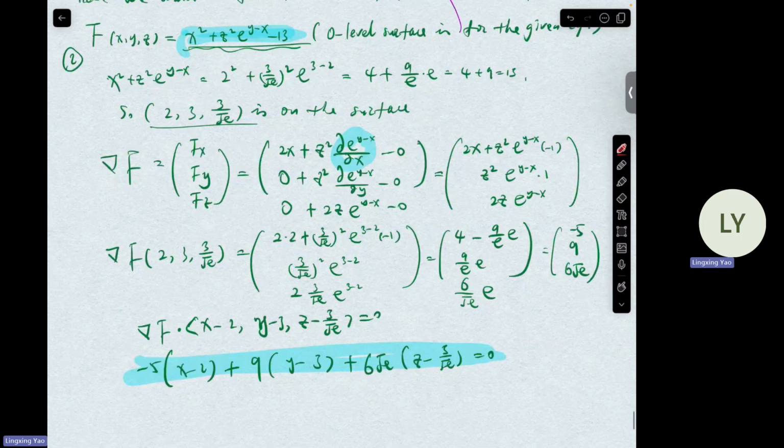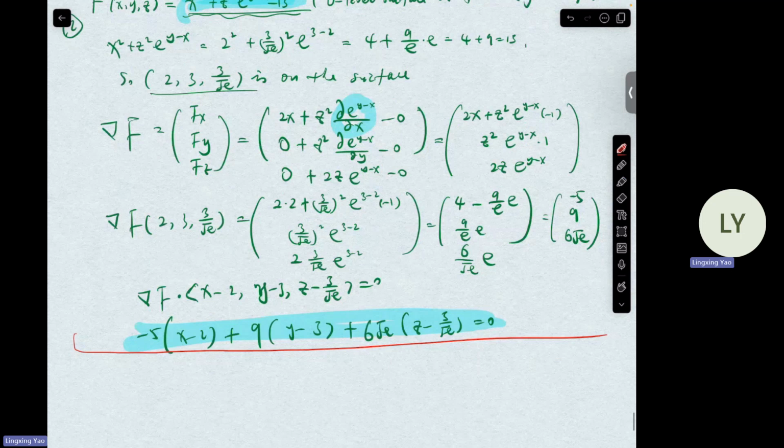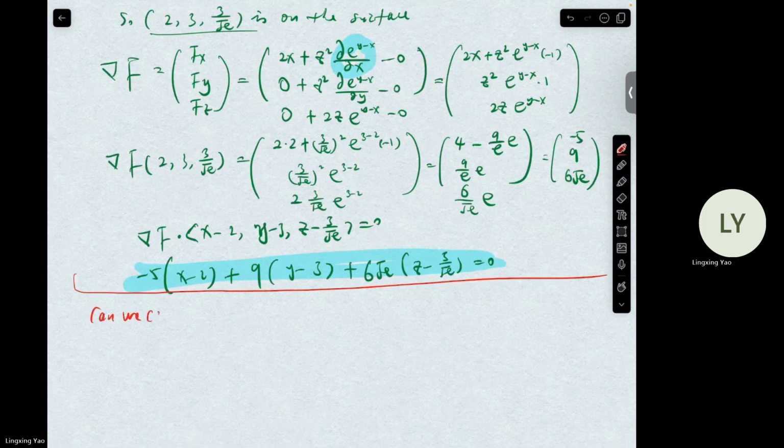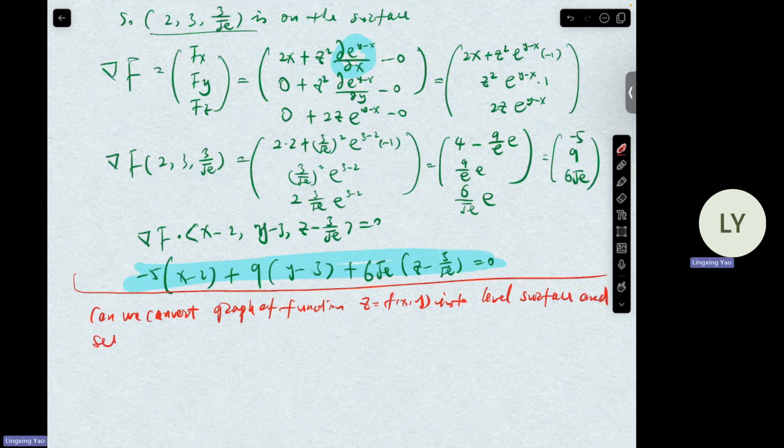We said this is the one scenario, this is for the level surface, but can we convert the graph function z equals f of x, y into a level surface and set up the equation of the tangent plane in this so-called universal or generic formula that we just discussed?